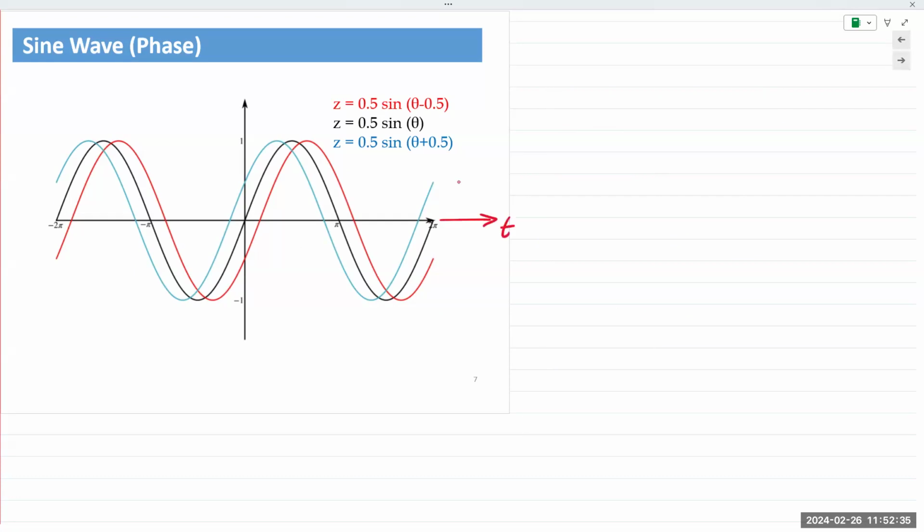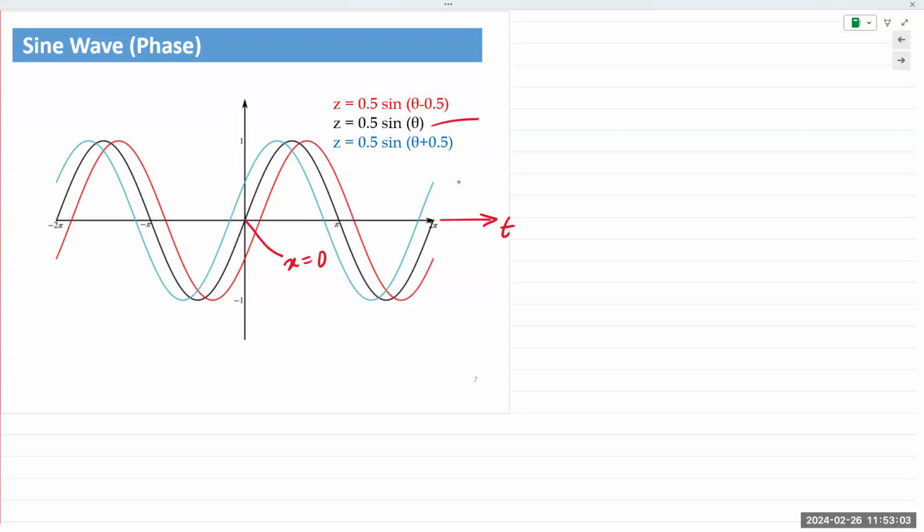This is t on the x-axis, time on the x-axis, and the waveform, if you keep your eye on the one in black, crosses the x-axis, or the value of that waveform goes to 0, when x equals 0, right? So the phase for that waveform is 0.